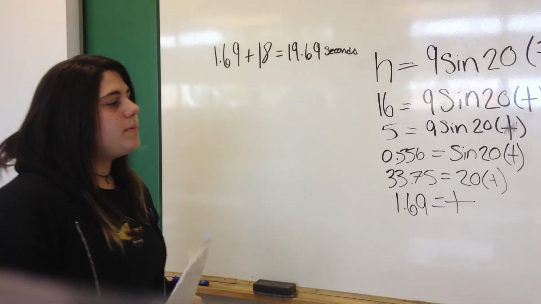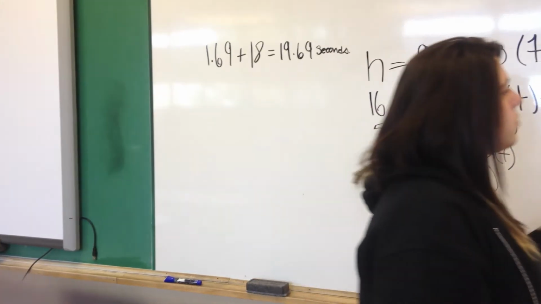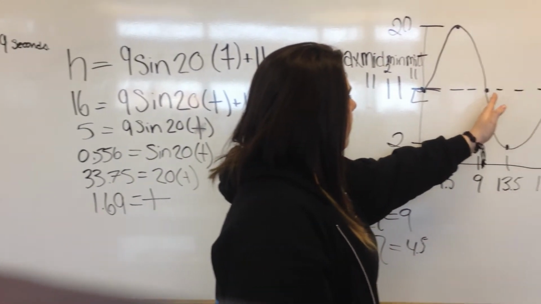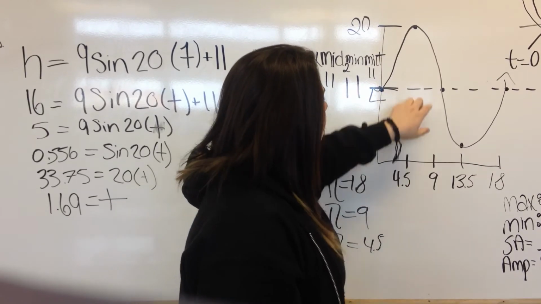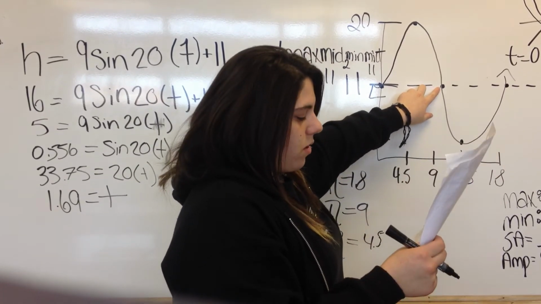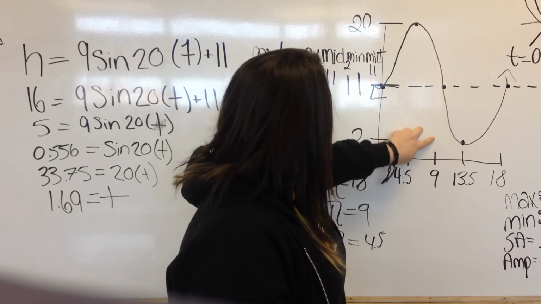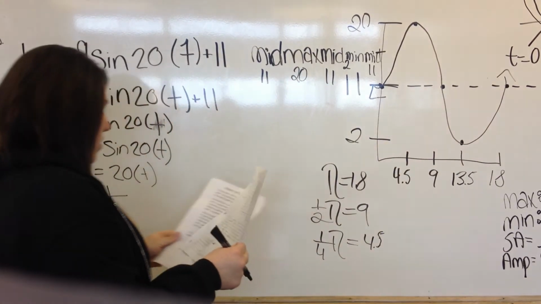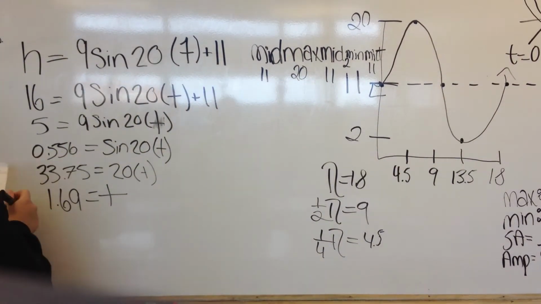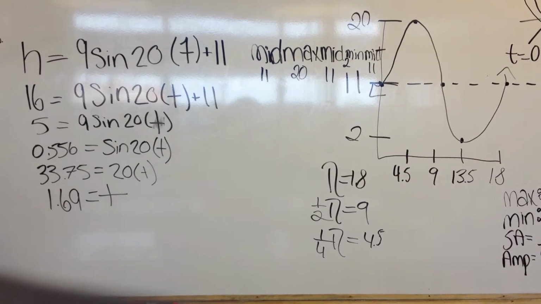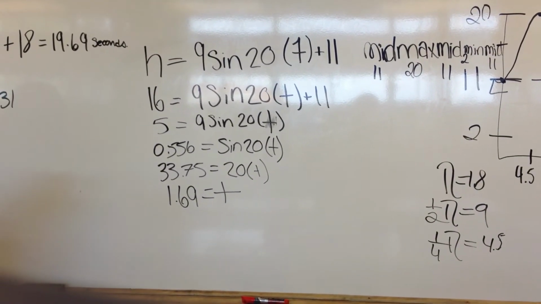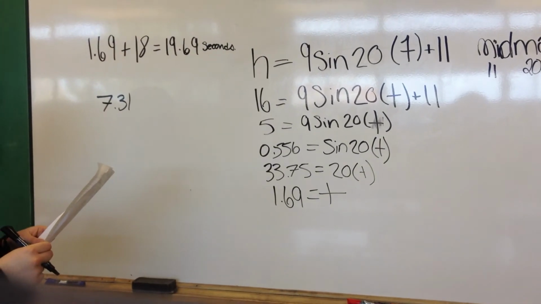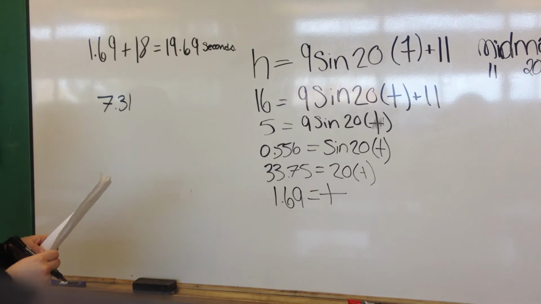Now the next one's going to be a little bit harder, because we're not going in from this side, we're going in from this side, from this middle, instead of this one. We're going to have to subtract 1.69 from 9, which gives us 7.31. And then we're going to have to add lambda to that.